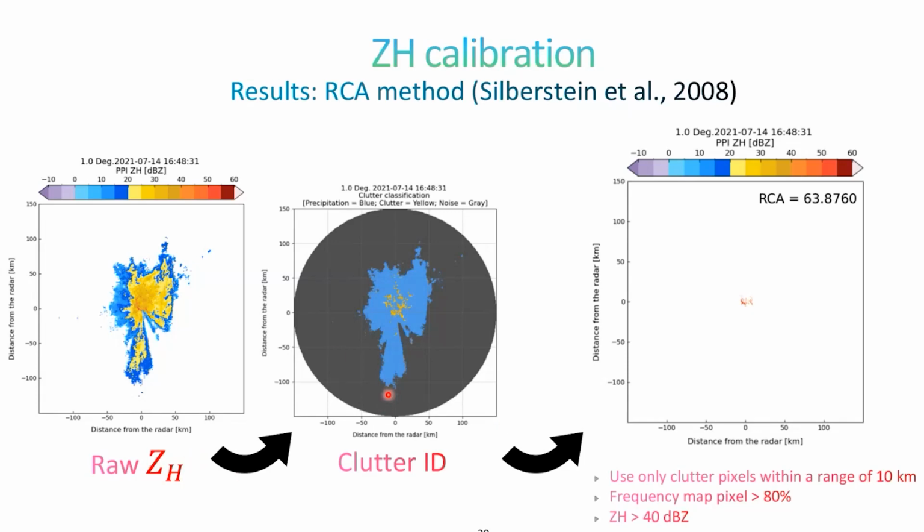We identify the clutter, and after all, we set these thresholds to keep for the RCA technique. We have clutter pixels within a range of 10 kilometers. All these pixels have to be bigger than 80% on the clutter probability map, and the values of the horizontal reflectivity have to be greater than 40 dBz.